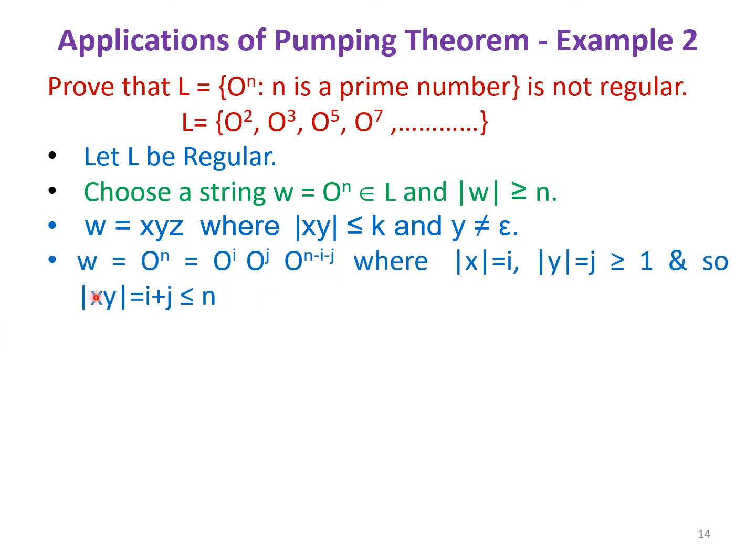So let us partition the string w, that is 0 raised to n, as i number of zeros as x, j number of zeros as y which is greater than or equal to 1. The leftover z is n minus i minus j number of zeros. Satisfying these two conditions, the length of x y is i plus j which is less than or equal to n and y is not empty.